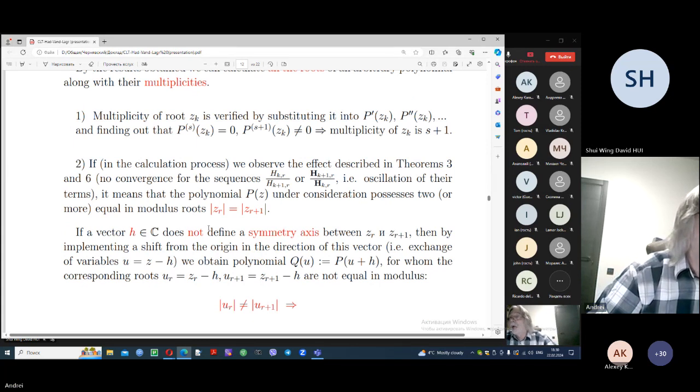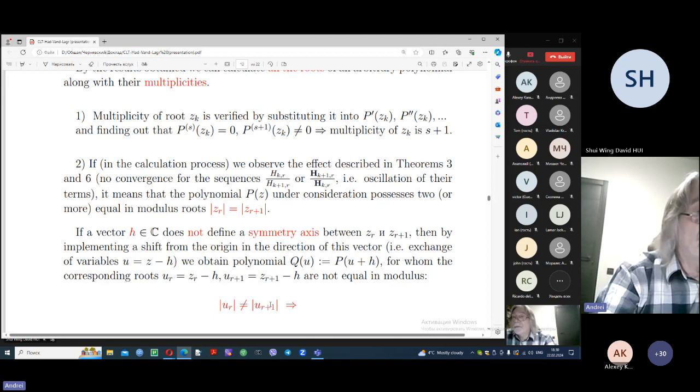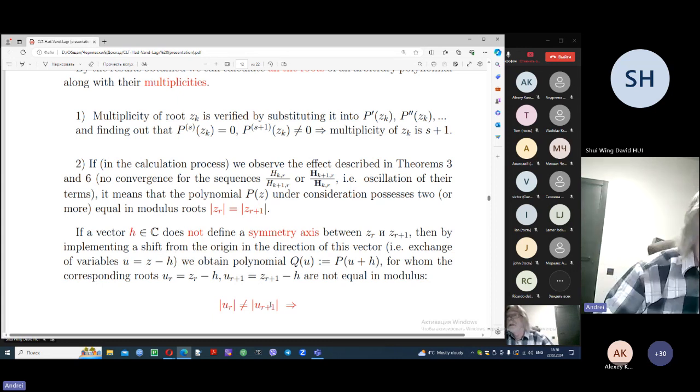And namely how to change the variable: we simply observe that if a complex number vector h does not define the symmetry axis between these two roots, then if we shift the origin in this direction and implement the corresponding change of variable, the roots of this new polynomial become not equal in modulus, and therefore they can be calculated by means of the given procedure.